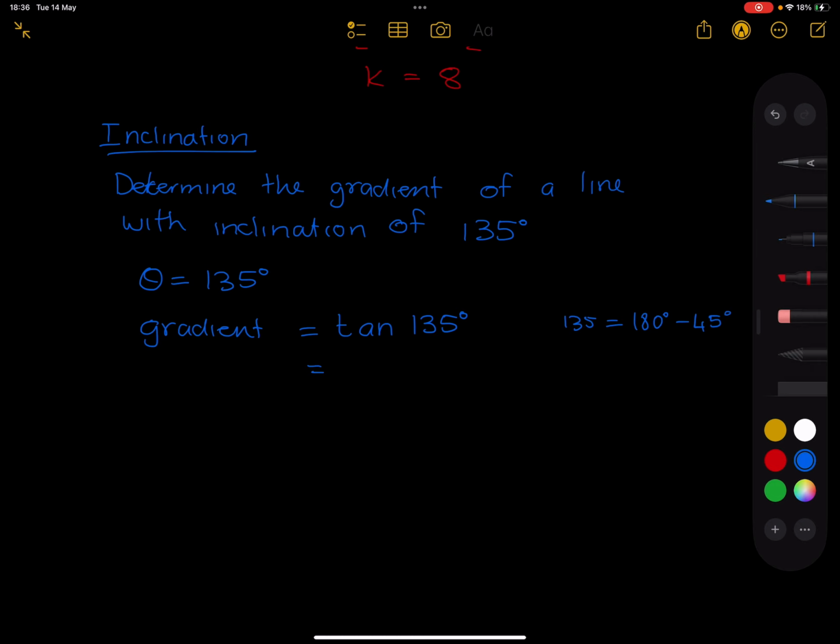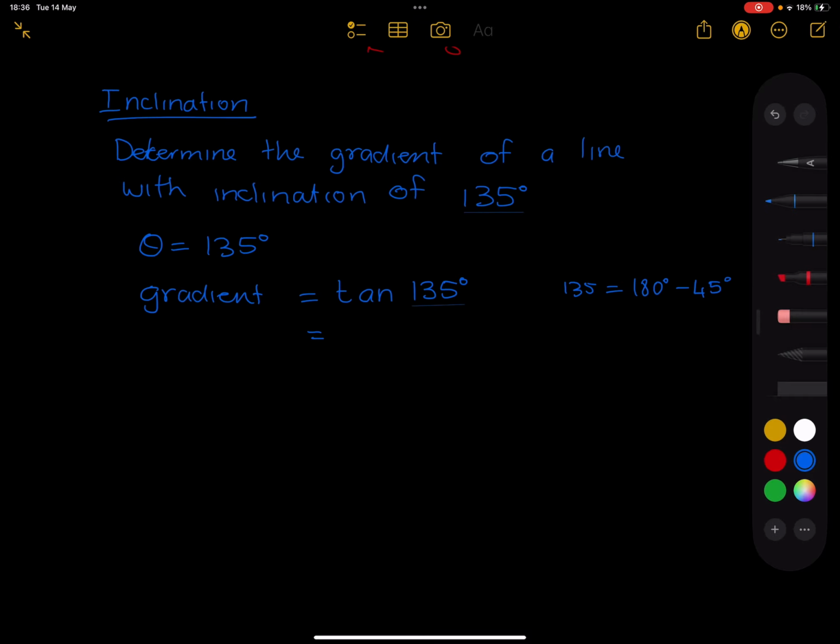So that's second quadrant, and that means that tan is negative. You know that. Yes, ma'am. And the tan of 45? It's 1, ma'am. 1, but then it's minus 1. Alright.